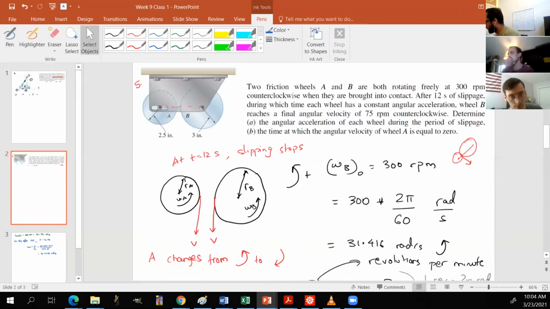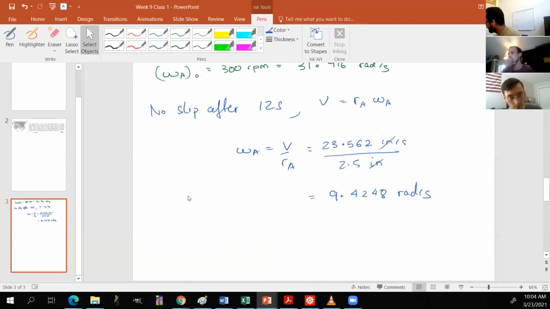Clockwise, right? So it's going to be clockwise. But because we're looking at angular speeds and the changes in the counterclockwise positive direction, it's going to be negative for the sense that we need it to be in order to find the acceleration, right?